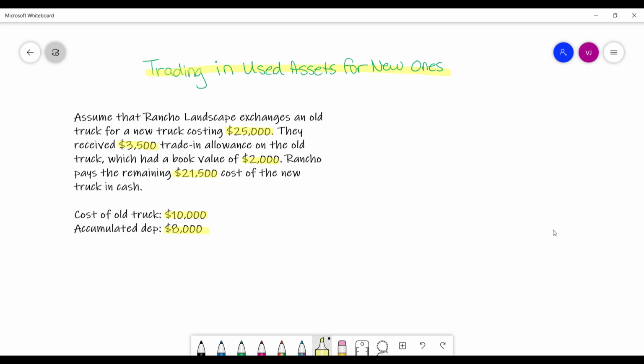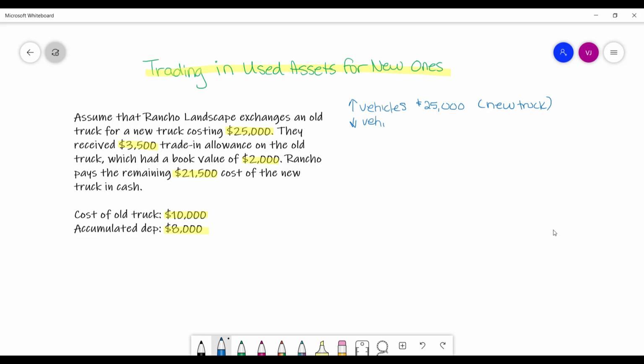So what would that look like? How would we account for that? Well, here, our vehicles account would have to go up by $25,000 in relation to the new truck. But then we also have to remove the old truck.